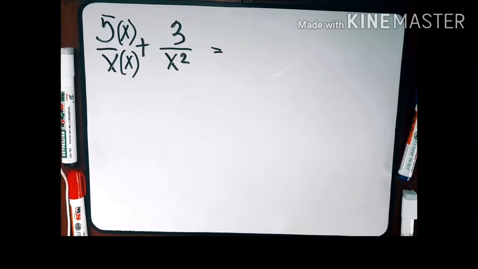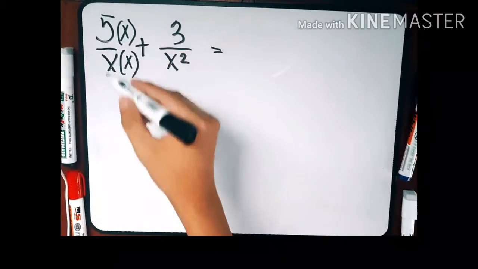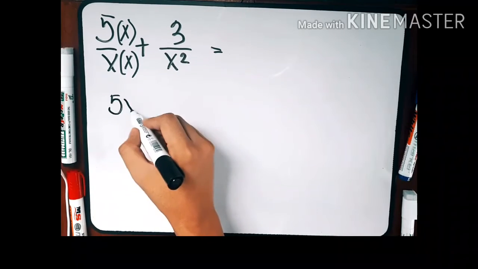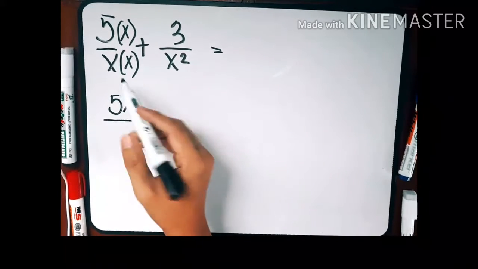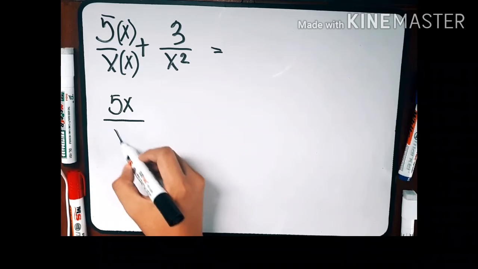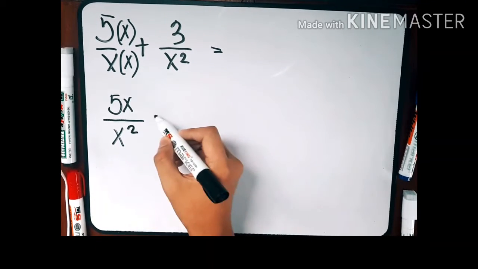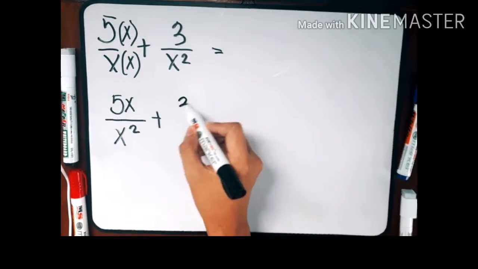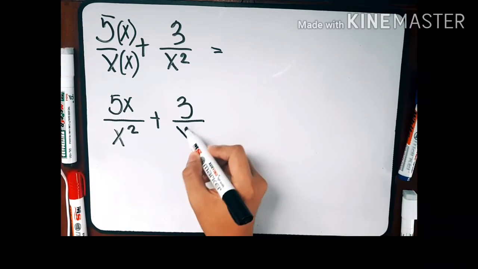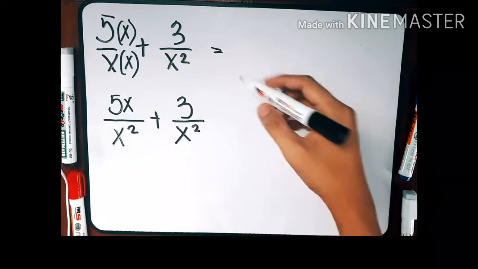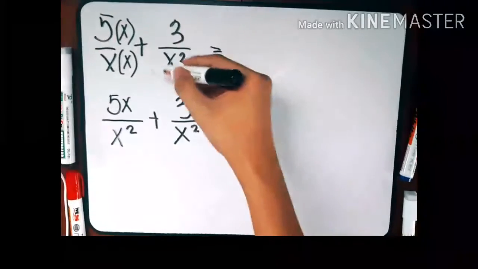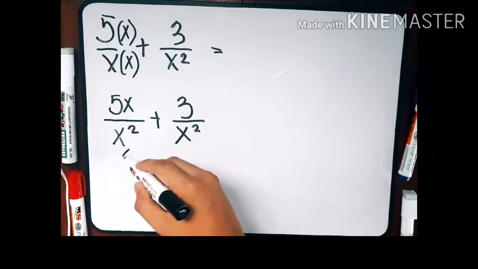Okay? And simplify na natin. So, 5 multiplied by x is 5x over x multiplied by x is x squared, plus 3 over x squared. So, mapapansin nyo, hindi na natin to minultiply kasi naging same na yung denominator nila.